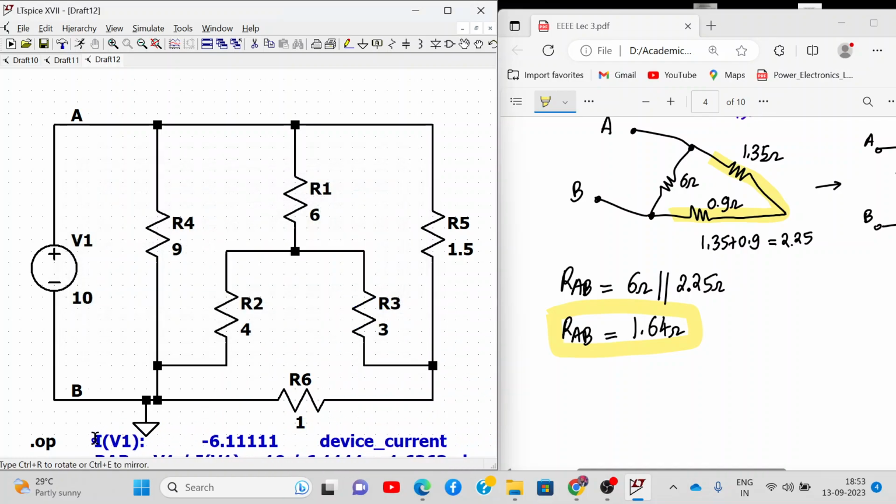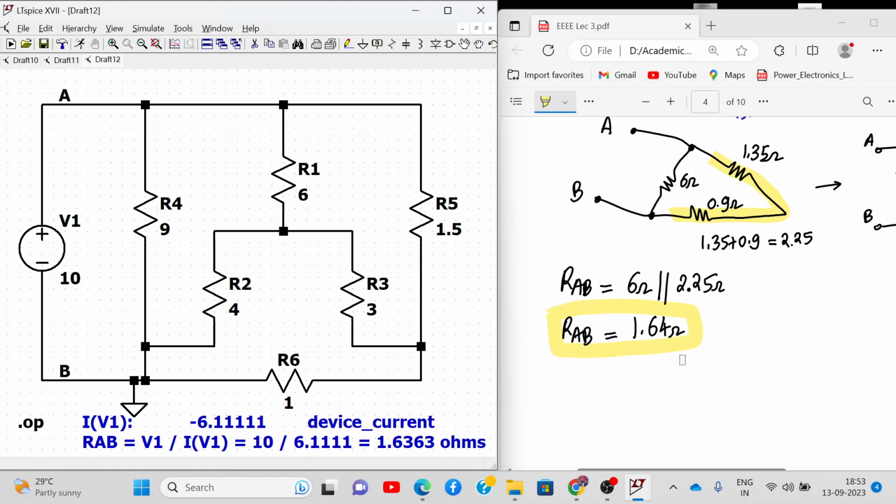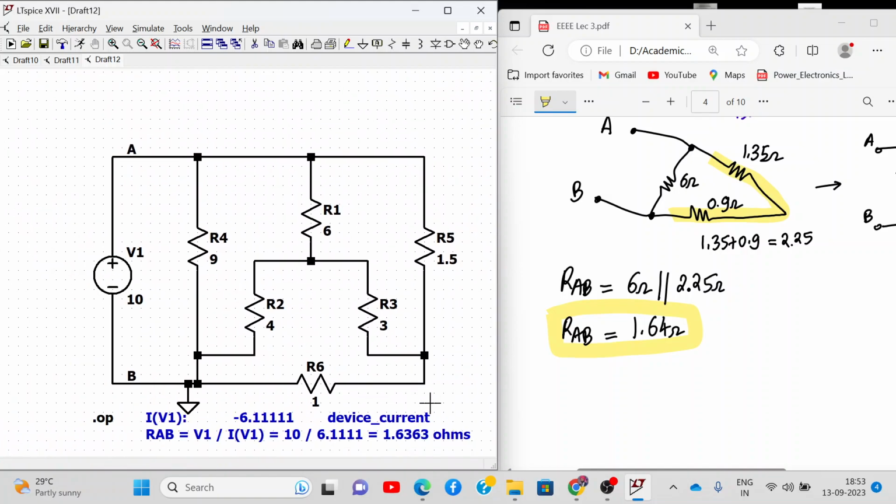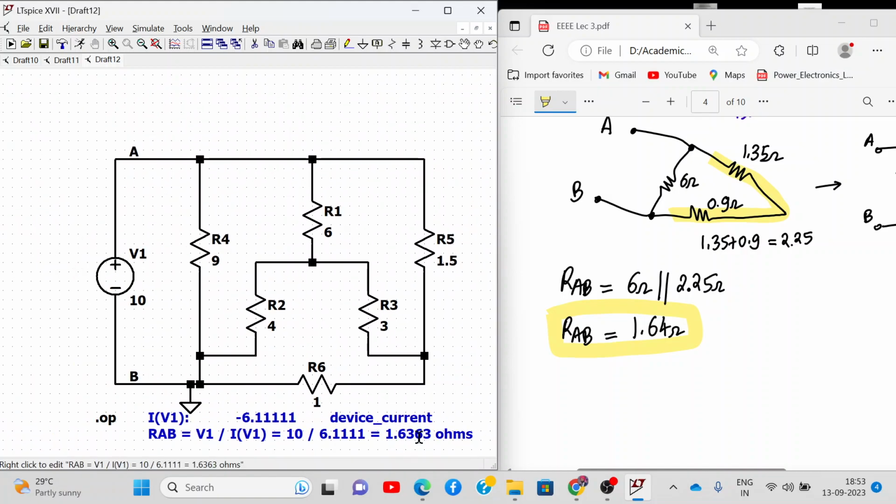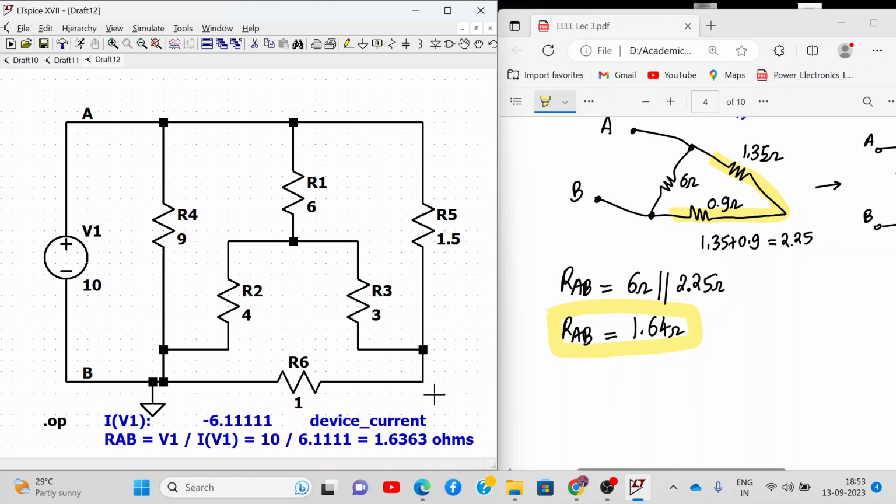That depends upon whether in the calculations we take up to 4 digits or 3 digits. I've taken up to 2 digits, so that's why we got 1.64, and here we got a more accurate value in LTspice as 1.6363 ohms.